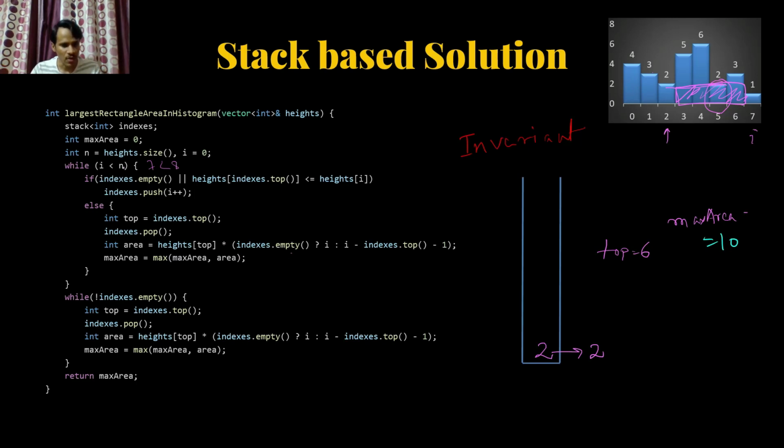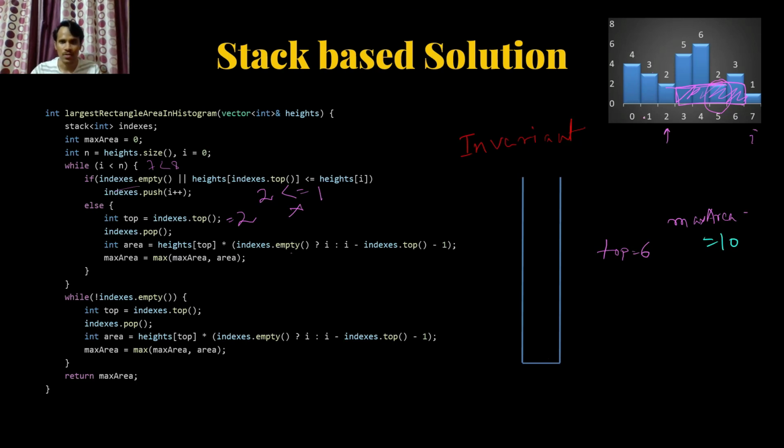again go to this while loop. 7 is less than 8, the stack is still not empty, and we check the height at the top of the stack, that is 2, is less than or equal to the height of the currently encountered element, which is false. We again go to the else, the top is equal to 2, so we pop this out.